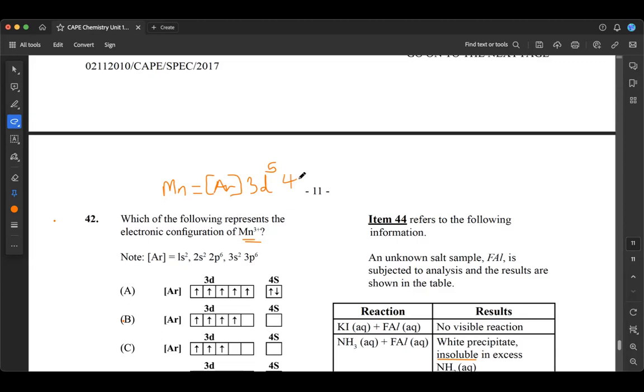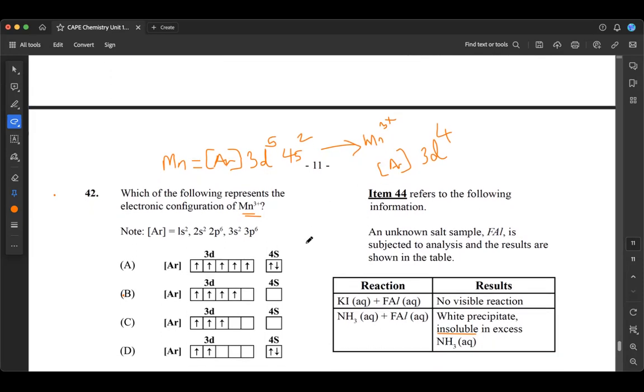So that's just the Mn neutral atom. So if I take off 3 and I end up with my Mn3+, I'm going to take off these 2 and then 1 from here. So take off 2 here and 1 from here. So it'd be 3d4.